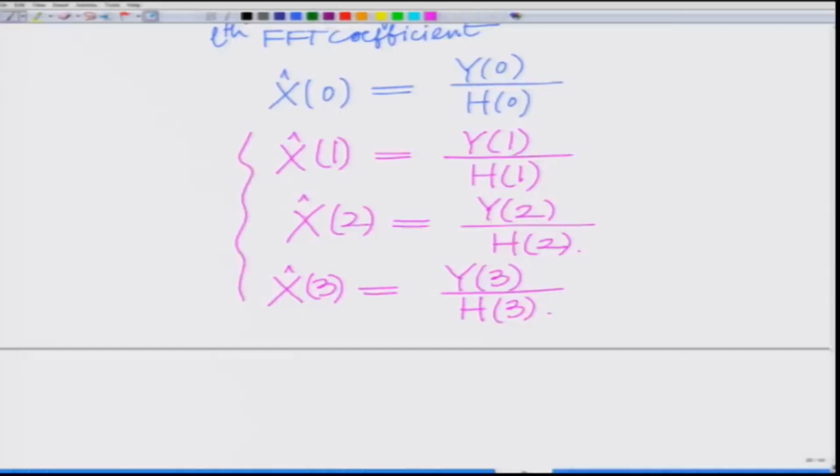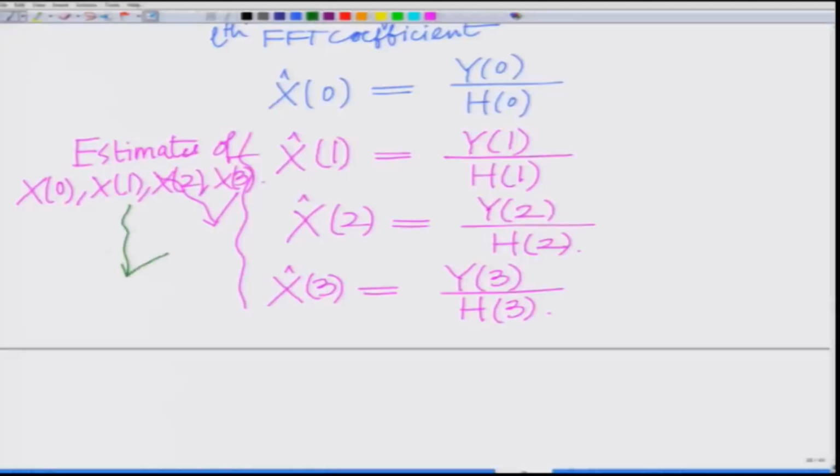These are basically your estimates of x0, x1, capital X0, capital X1, capital X2, capital X3, and these are in turn what are these?